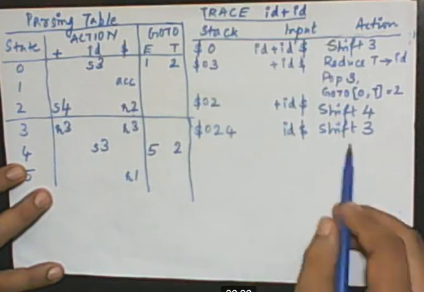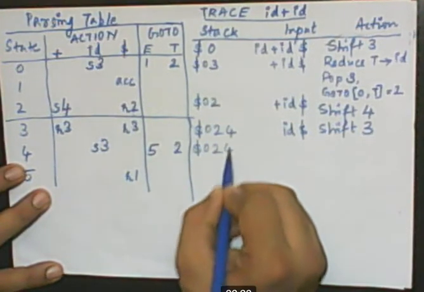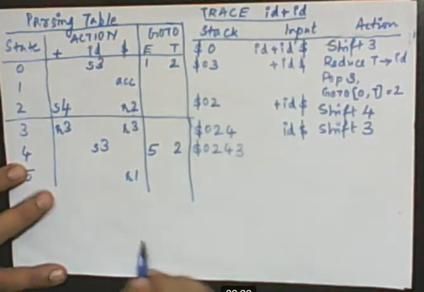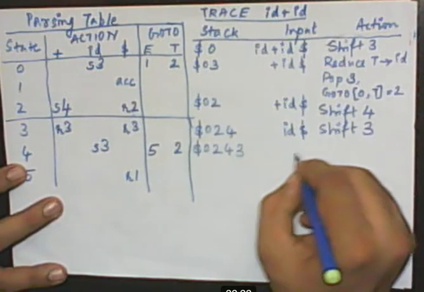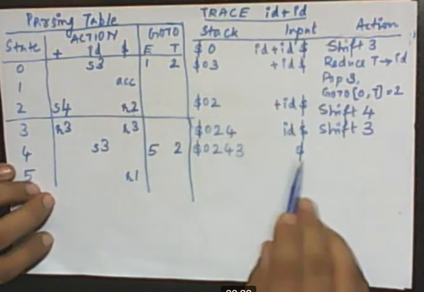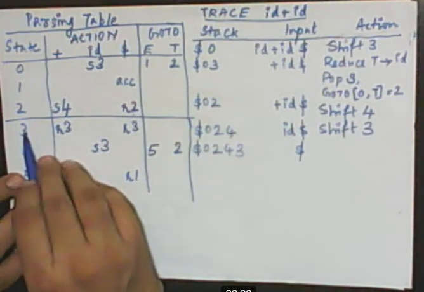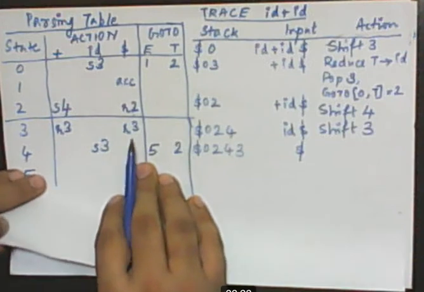So that means here you have 3 also pushed, and since it is a shift operation you have id removed, so now it is 3 on dollar.